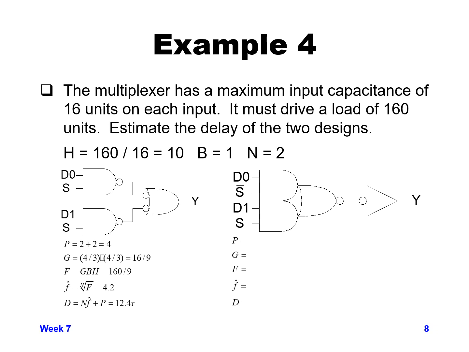So 4.2 times 2 is 8.4, and we add the value of capital P to that. So 8.4 plus 4 is 12.4 times our tau. So our overall delay is going to be 12.4 tau.